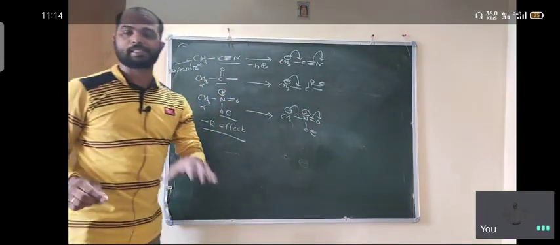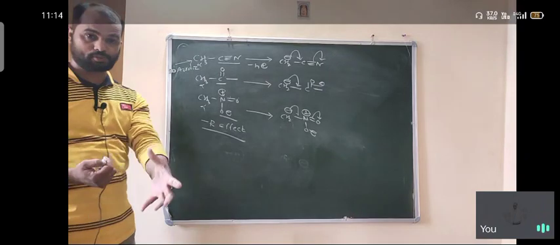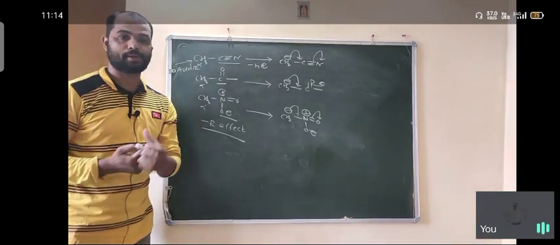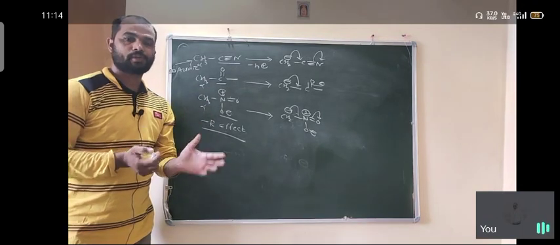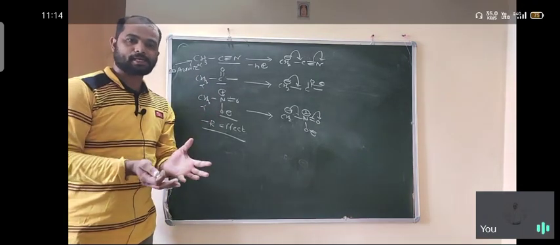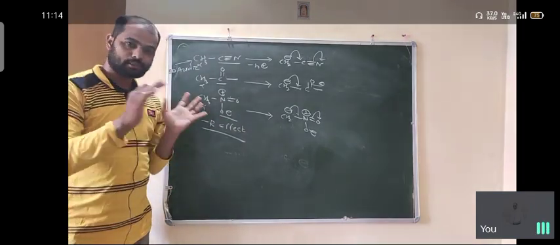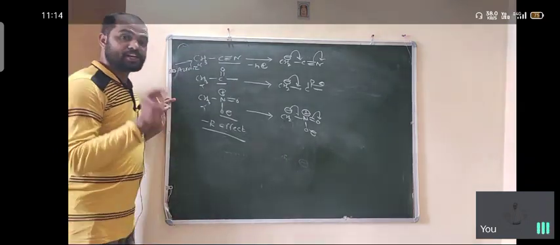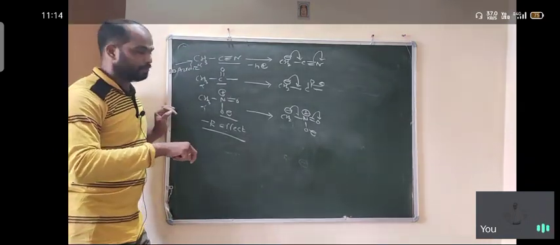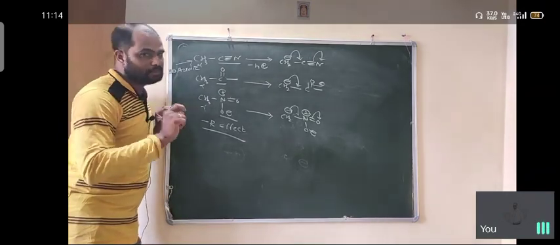That means minus R effect groups stabilize the carbanion more easily as compared to minus I effect groups. Minus I effect groups will stabilize the carbanion as compared to plus R effect. If we compare the formation and stability of carbanion, plus R effect groups destabilize the carbanion, while minus R or minus I effect groups will stabilize the carbanion.